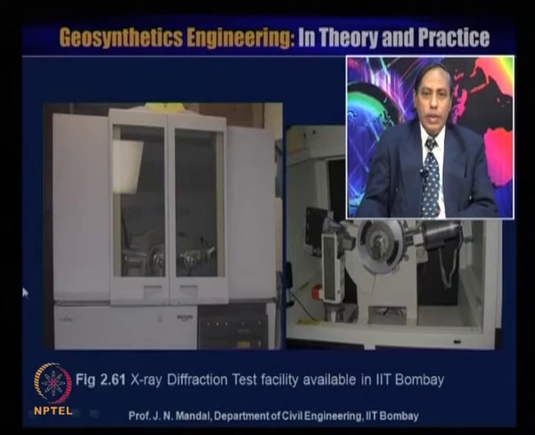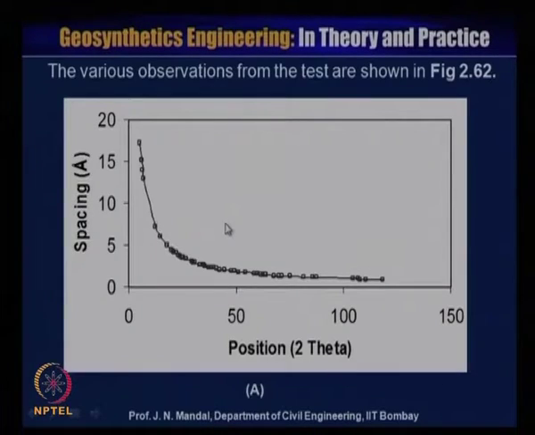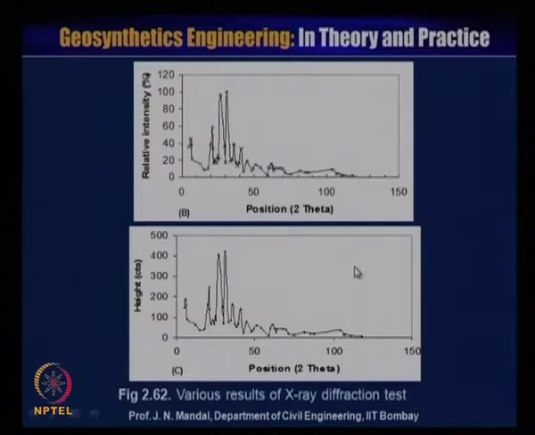You can see this is the X-ray diffraction test facility, and this is the observation from the test. This is between the spacing and the position 2 theta, how this spacing is decreasing and position 2 theta is also increasing.